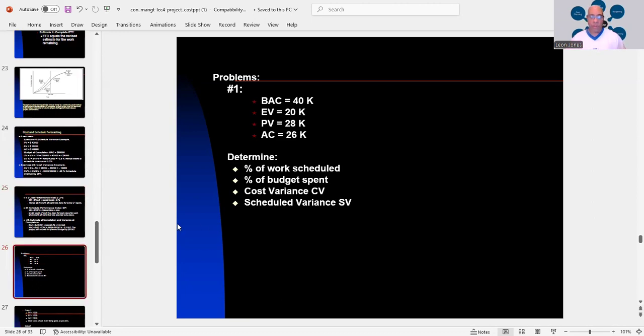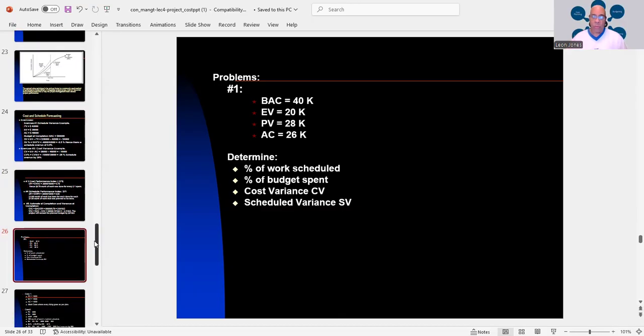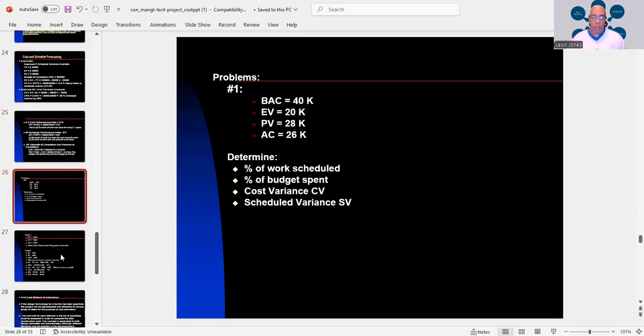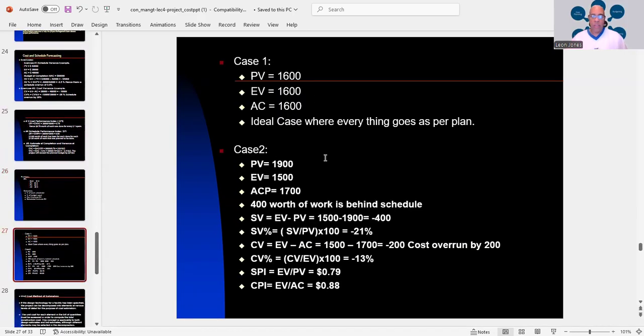Now, here are some other examples. I'm not going to complete them. I just did it on the last slide, but this is what you would have to do. Know these formulas. You have your different cases right here, and they've basically given you all the answers, along with all the formulas.